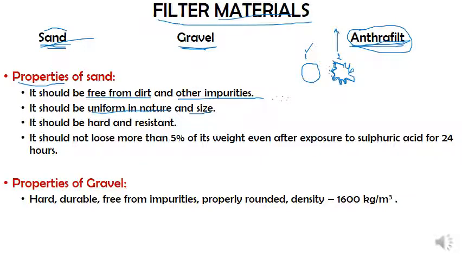The gradation of the sand should be quite uniform, so we should not have very large chunks as well as very fine particles in the same layer. Similarly, it should be hard and resistant to all the weathering or action it will come in contact with during the filtration process.